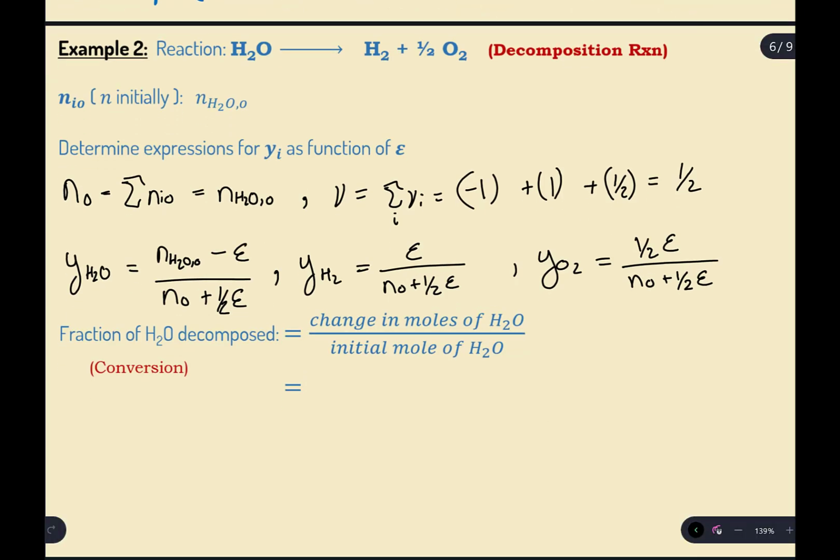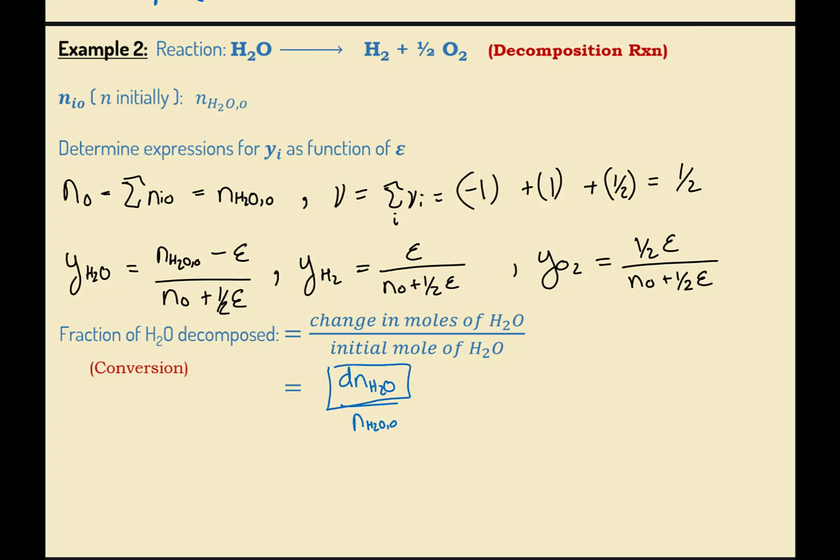So in this case, what would the expression be with respect to the variables that we've been working with? We wrote dn i, and in this case, i is H2O. So dn H2O divided by n H2O naught, or ni naught, same thing. When I write this like that, what do we get?